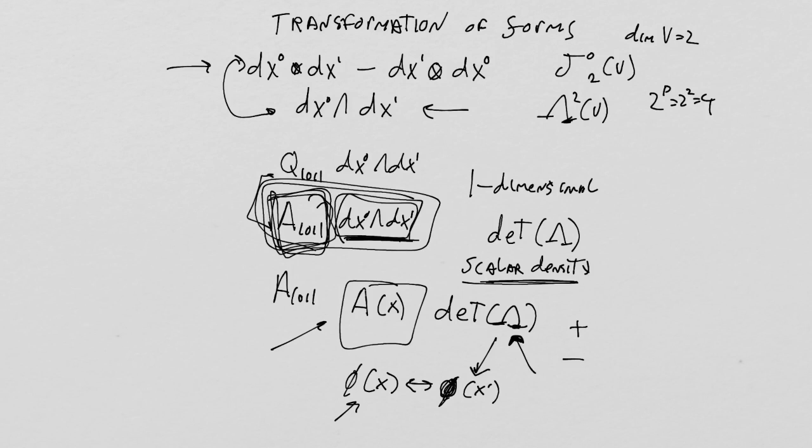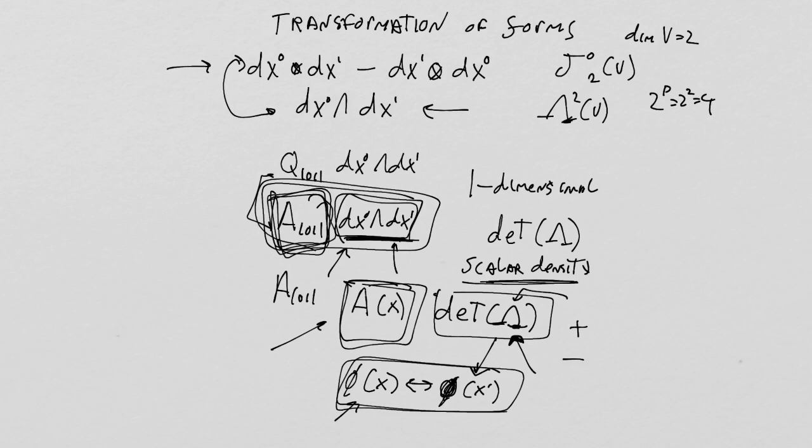And if you did a reflection, if this transformation matrix was simply a reflection on one of the axes, what would happen is you would just push a sign into this object here, and this determinant just changes sign. And so ultimately, the value of this in the new coordinate system will have a sign change. And that's different than this. We'll get to that in a little bit more detail.